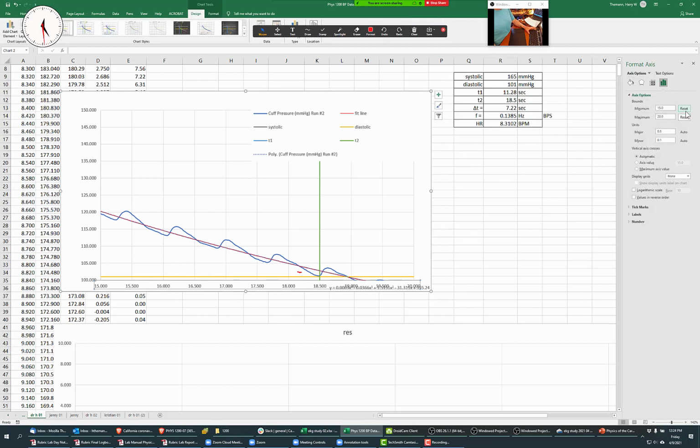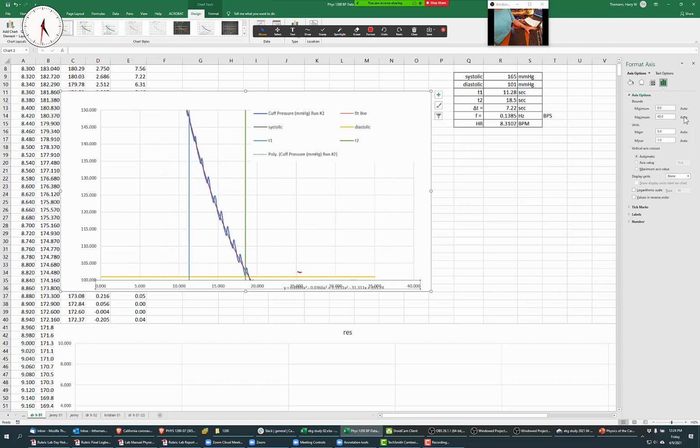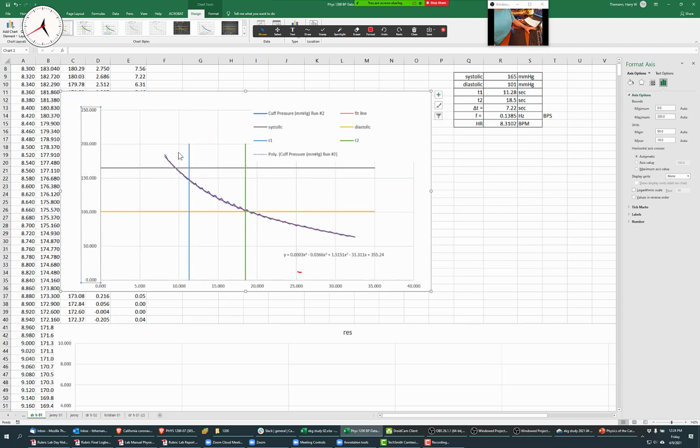Now we want to zoom back out, and this was easy. Axis options, reset, and then axis options, reset, and then where do we say it started?